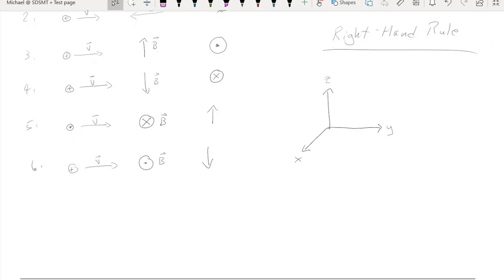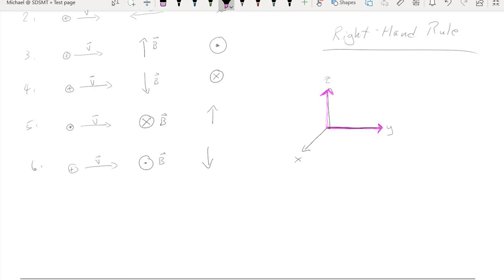So this right-hand reference frame, the Y and the Z axes are the axes that are lying on the page itself. And the X axis is the axis that is coming out towards us.